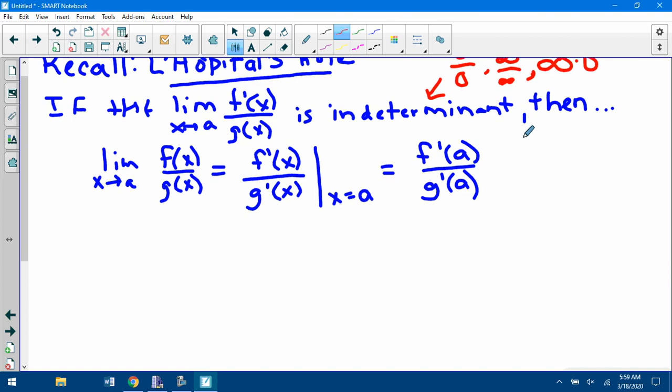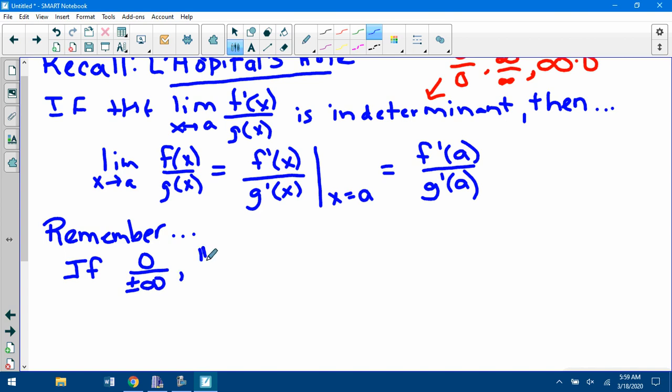So remember, there's some forms that aren't indeterminate that sometimes people confuse with those. If we have 0 over plus or minus infinity, or if we have a number, like 5, a constant, 5, 10, whatever, over plus or minus infinity, or if we have 0 over a number, like 0 over 5 or 0 over 20, whatever, what would those limits be?